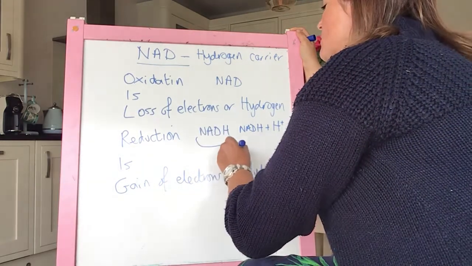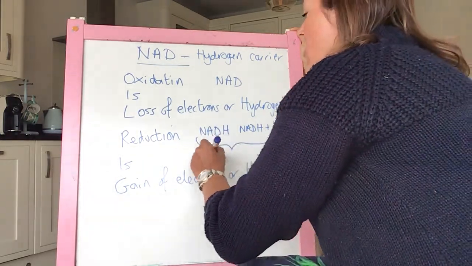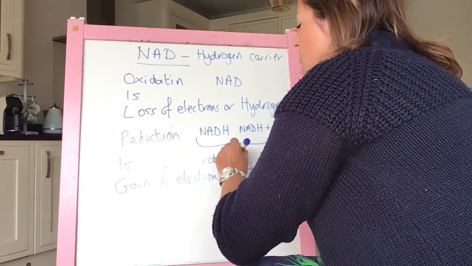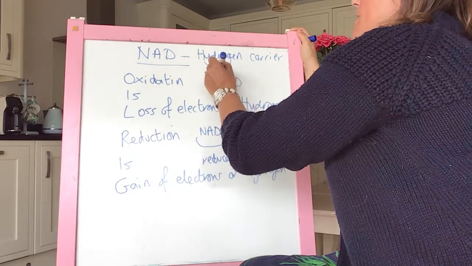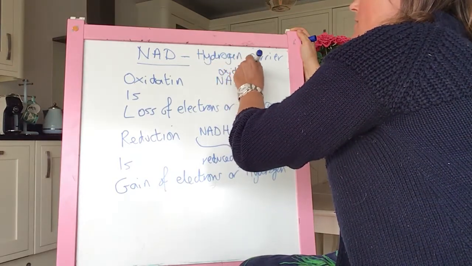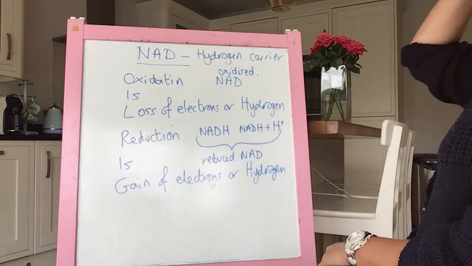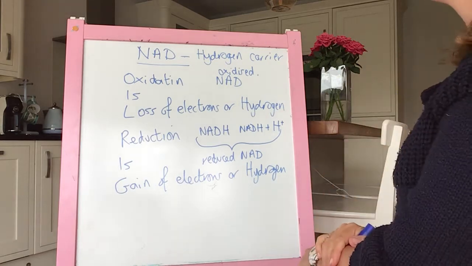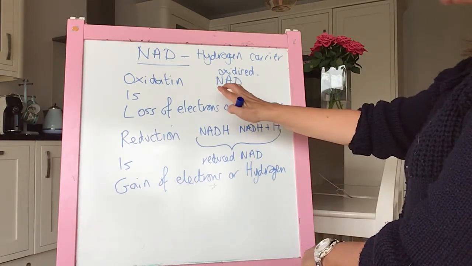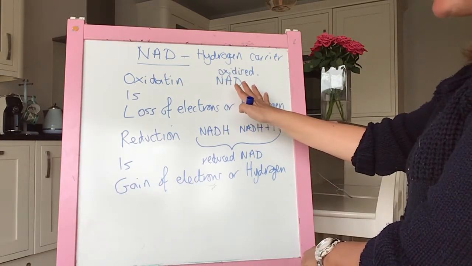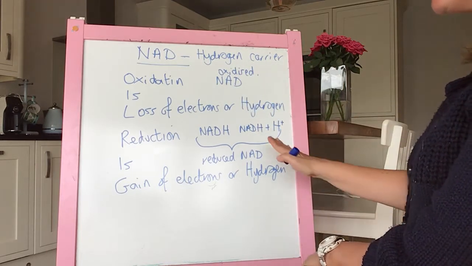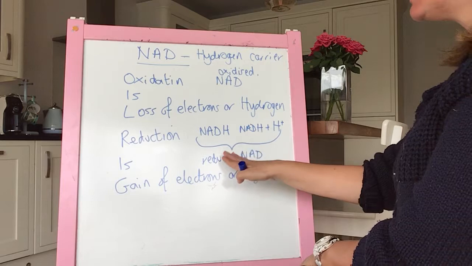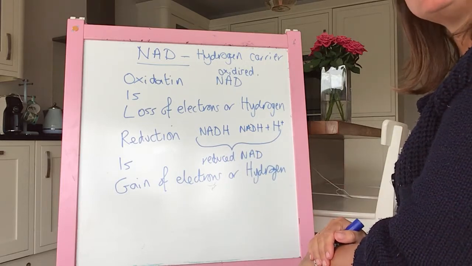But both of those mean the same thing. They are reduced NAD. This here is oxidized NAD. So when NAD has not got any hydrogen attached to it, it's called oxidized. And when it has got hydrogen attached to it, it's called reduced NAD.